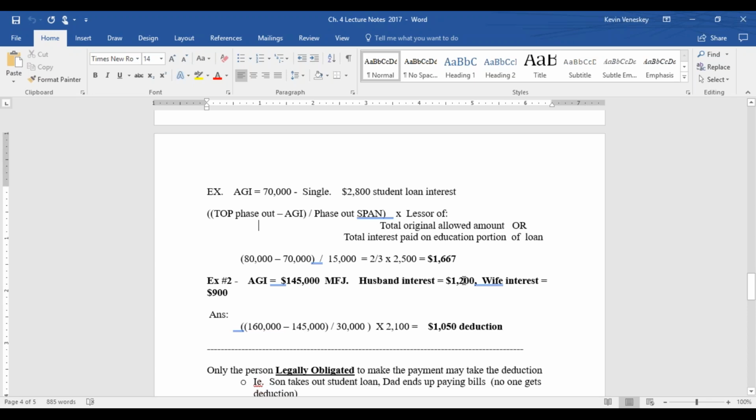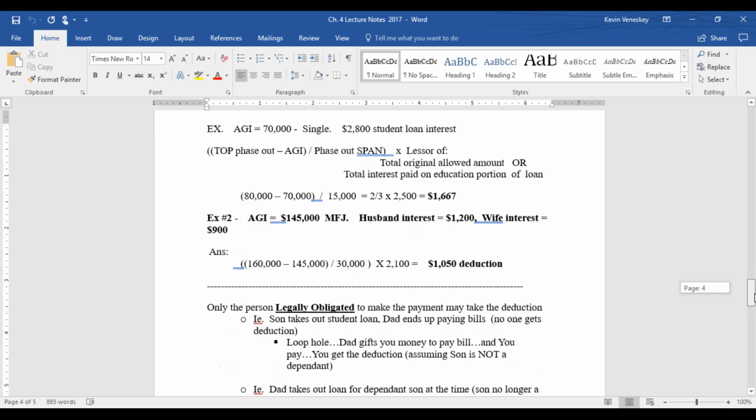So the most we could have taken, even if AGI wasn't involved, was 2,100. So take the 160, the top number, minus 145, we got 15,000. 15 divided by the span, which was 30. So that becomes 15 over 30, which is half. We're allowed to take half of the $2,100.